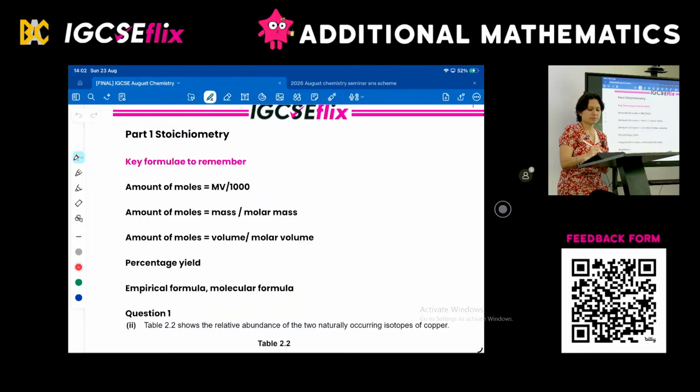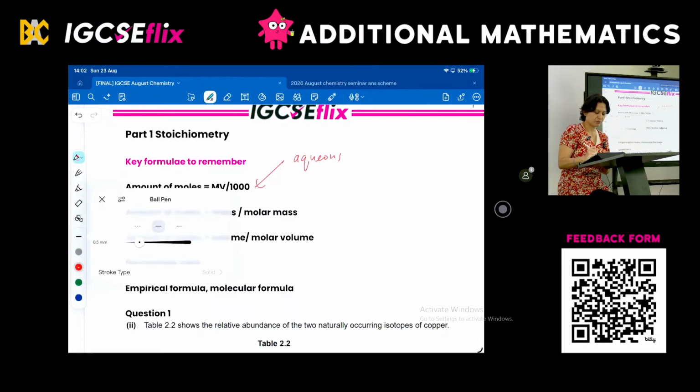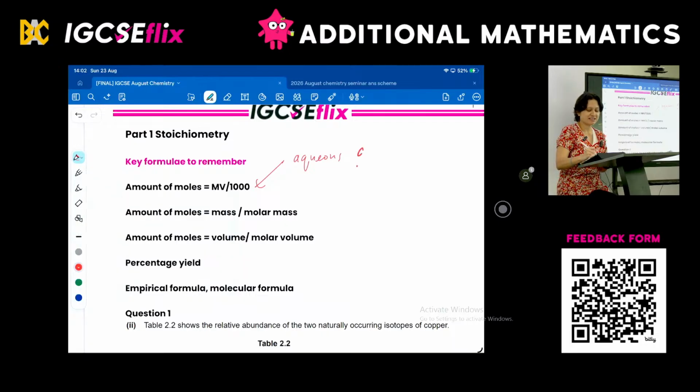Amount of moles equals MV over 1000 is only for an aqueous solution. How do you know something is an aqueous solution? They will tell you aqueous solution of acid, alkali, or salt, and the concentration will have a unit of mole per decimeter cube.